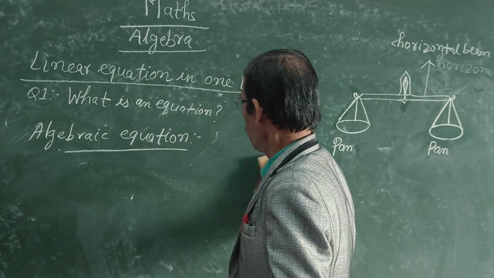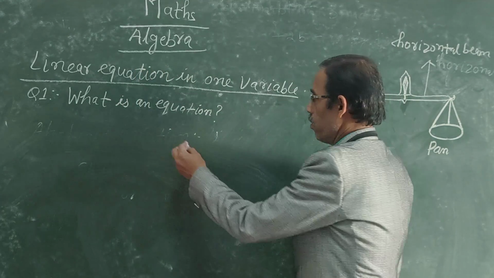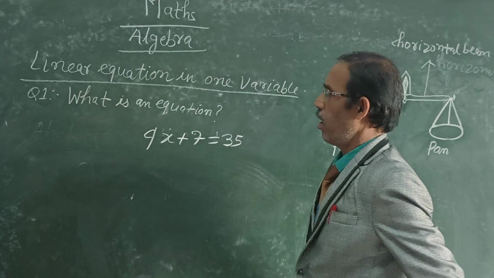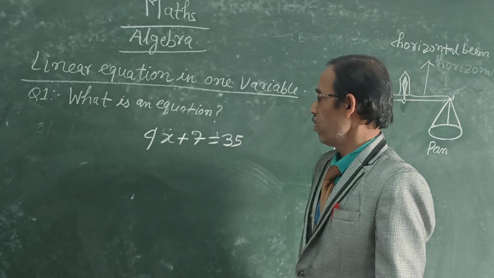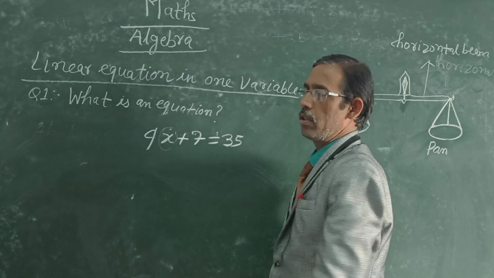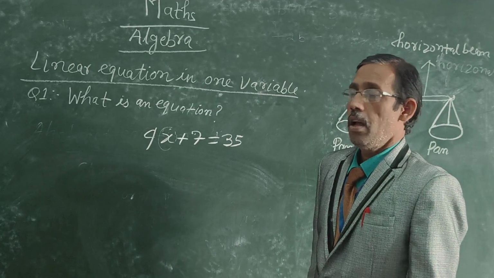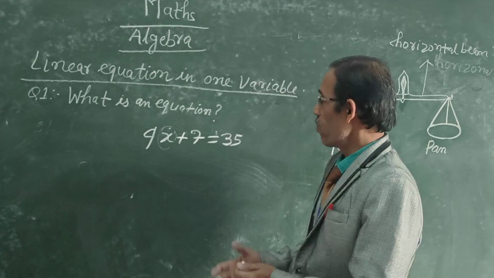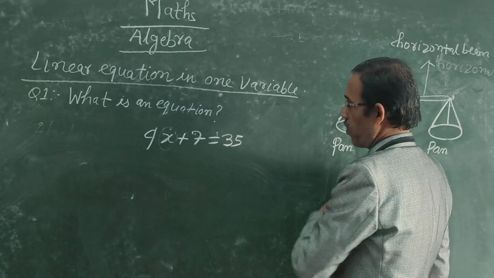Now the process for solving an algebraic equation. The process for finding the value of the variable representing the unknown is called solving the equation, and the value so found is called the solution of the equation. How can you solve this equation?